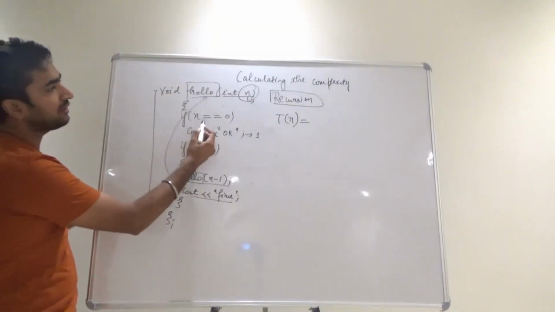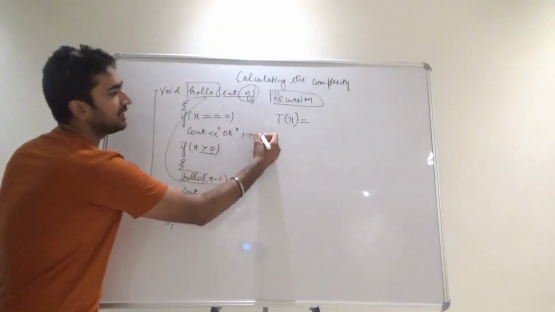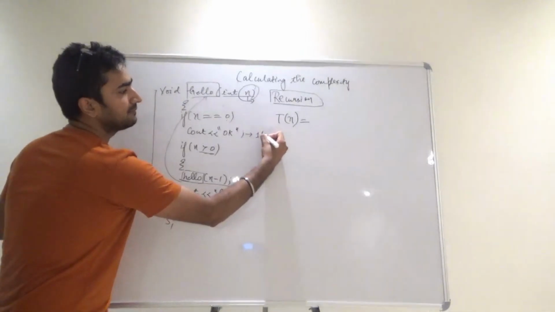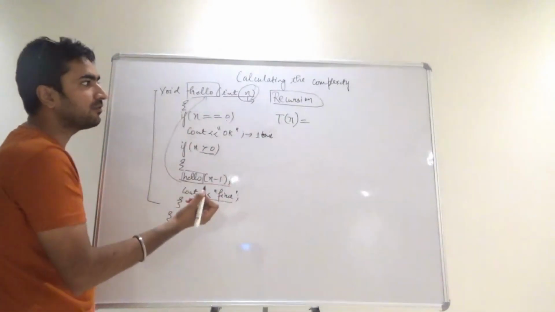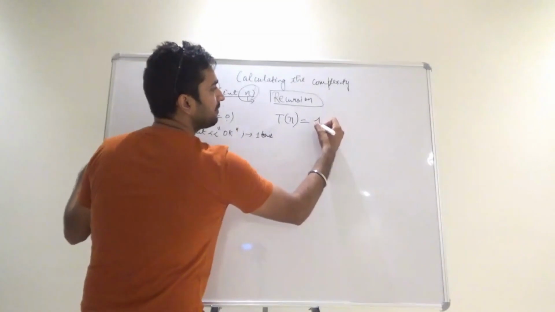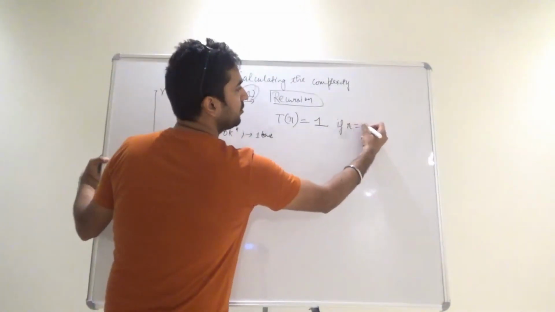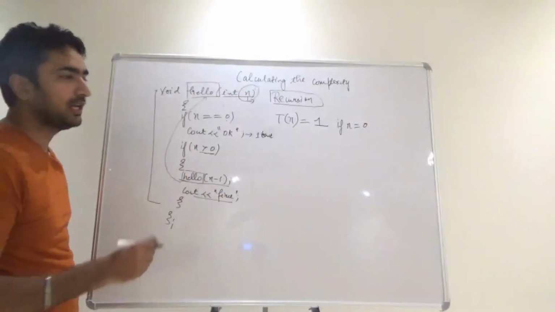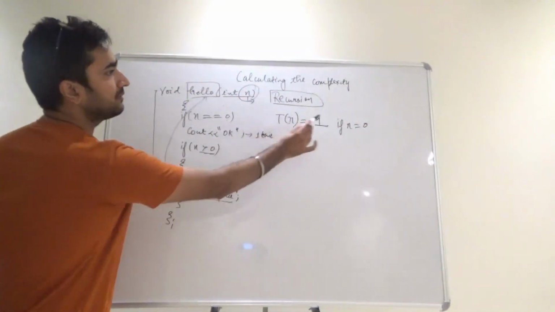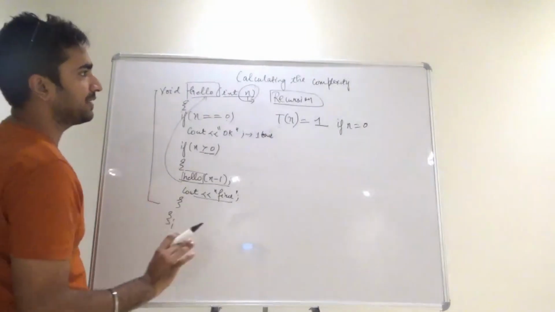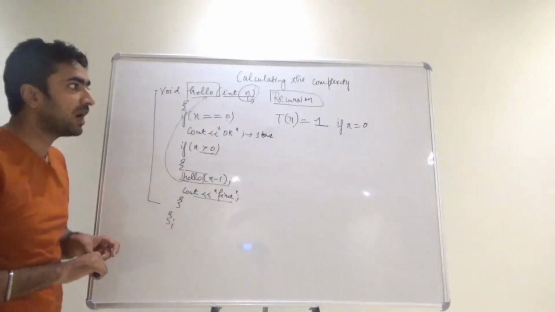Now if the n value is 0, it is just running one time only. So I'll write that the complexity is 1 if my n value is 0. If n is equal to 0, the time complexity is 1 only.